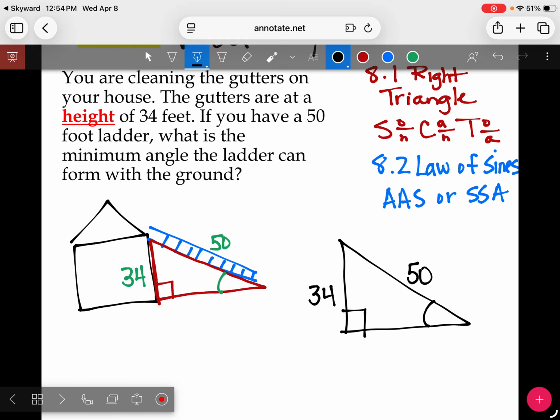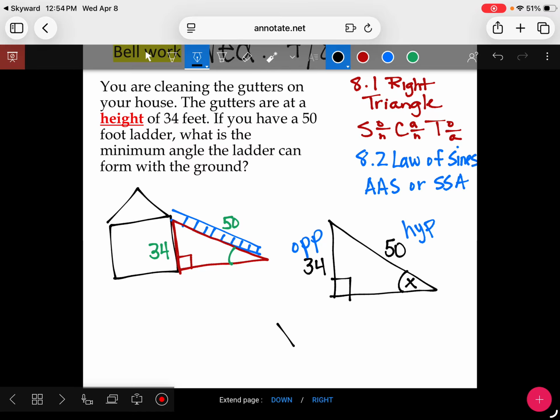What trig ratio am I going to use? If this is what I'm trying to find, is 34 opposite, adjacent, or the hypotenuse? Opposite. What's the 50? Is that adjacent or the hypotenuse? What trig ratio uses O and H? Sine. So to find x, x will equal the inverse sine of 34 over 50.